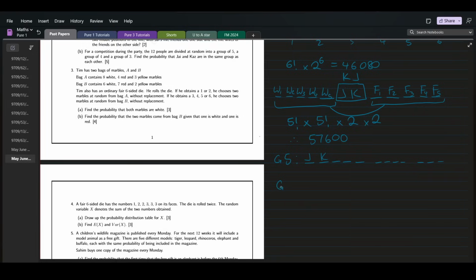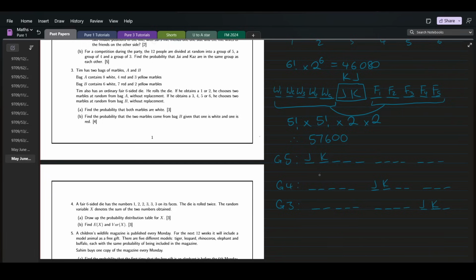Or they're in the group of 4, which means we've got the group of 5 having no one, and then the group of 4 as J and Kaz, and then the group of 3 is empty. Or the third scenario is that they could be in the group of 3. So this is the group of 5, group of 4, and then group of 3, and 2 slots are taken by J and Kaz.